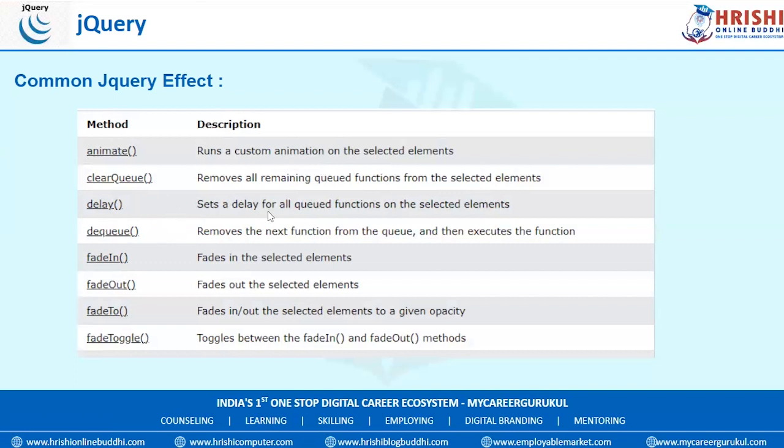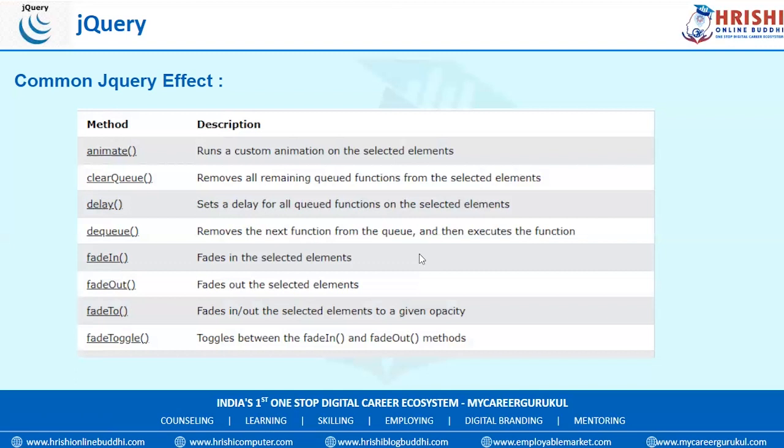Delay sets a delay for all the queued functions on the selected element, meaning whichever functions are assigned to that particular element. For example, a paragraph: if there are multiple functions assigned to one paragraph element, and you use the delay effect, then it will delay all the queued functions.